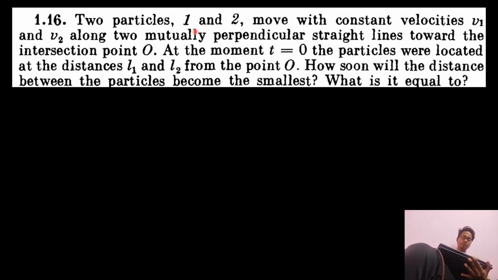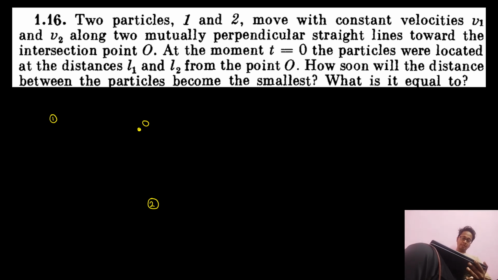Okay, let's read the question. Two particles, 1 and 2, move with constant velocities v1 and v2 along two mutually perpendicular straight lines towards the intersection point O. What the question is saying is, there is an intersection point O. There are two particles, particle 1 and particle 2. They're moving mutually perpendicular.